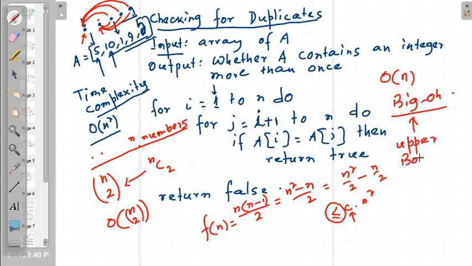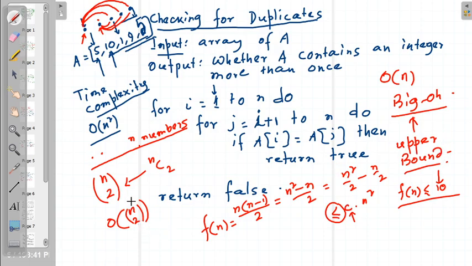This is a very important term in computer science, upper bound and lower bound. So if I say f(n) is less than or equal to 10, that means f(n) could be at most 10. This is the upper bound. Okay, something like this. So f(n) less than or equal to c times n square. That means at most that, for example 2n square. So this is the upper bound we are having.